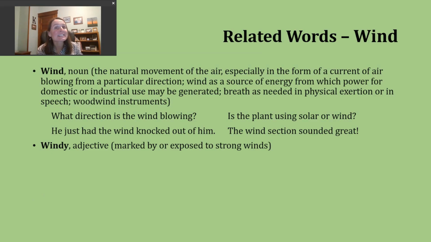Now, let's move on to another word. Something you might encounter is the adjective windy. So this is generally describing something that is marked by or exposed to strong or more powerful winds, that natural movement of the air. So an example of this might be, we've had some windy weather this last week.